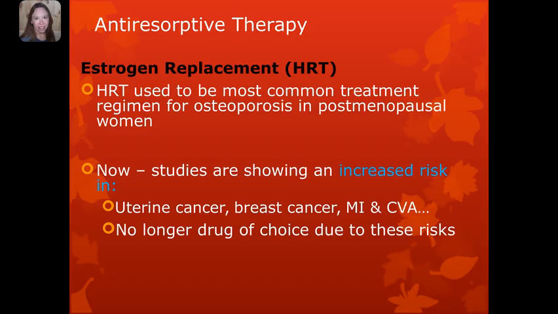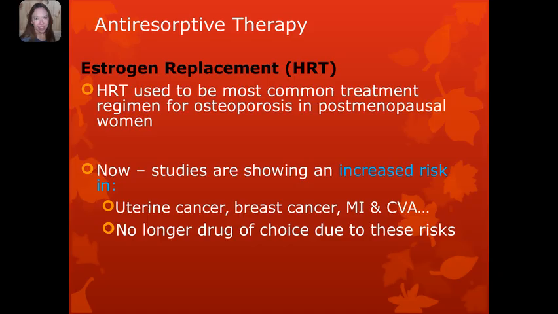So we used to give the estrogen replacement to all our postmenopausal patients, but what we have found through research is that we are benefiting in treating osteoporosis, but now we're also potentially causing problems. And remember, we always want to maintain safety with our patients and health promotion.